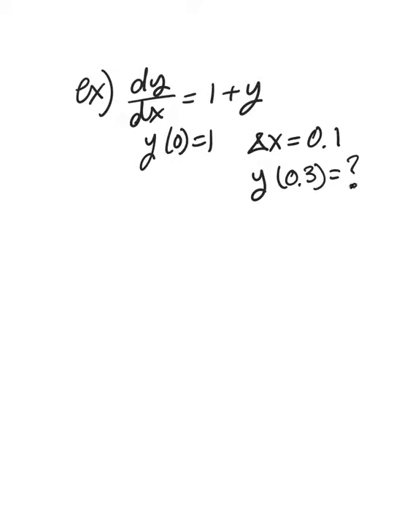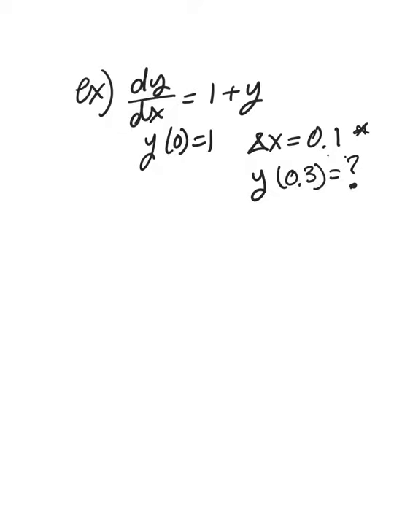So that means, how many times are we doing Euler's method? Well, if I know 0, I'm going up by 0.1, and I want to end at 0.3, that means I've got to do Euler's method 3 times. Got it?